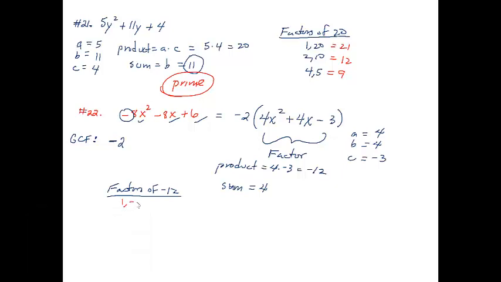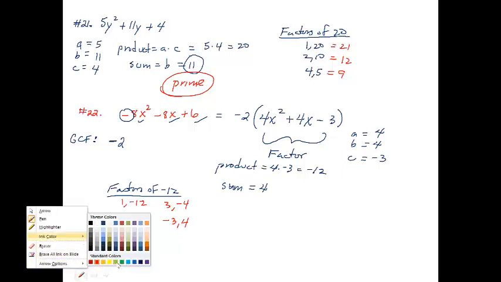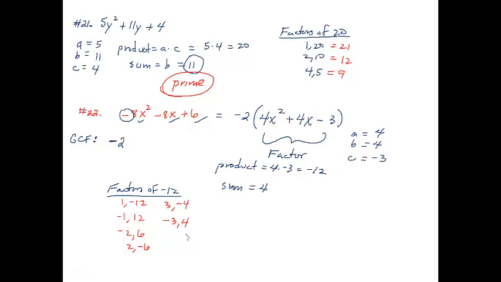We have 1 comma negative 12, negative 1 comma 12, negative 2 comma 6, 2 comma negative 6, 3 comma negative 4, negative 3 comma 4. Great. Now out of all these factors, which ones add to positive 4? It would be negative 2, positive 6.